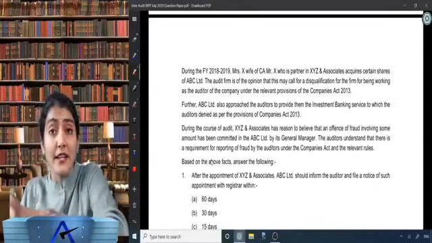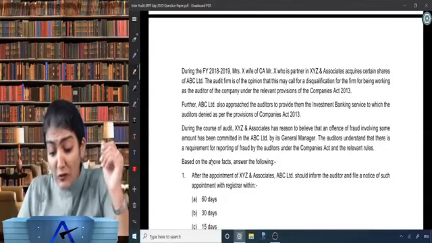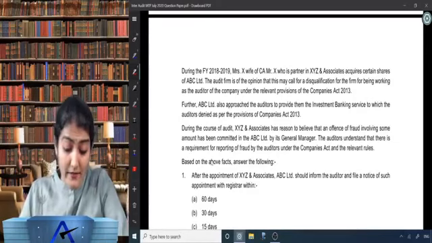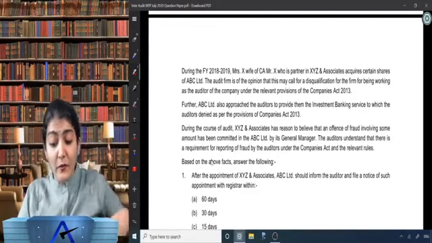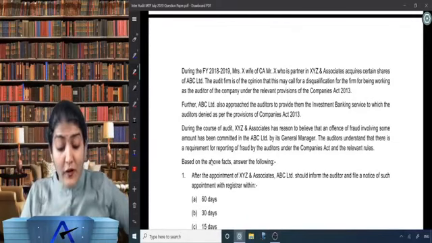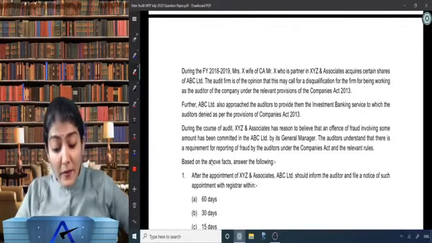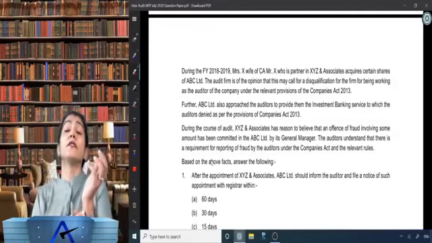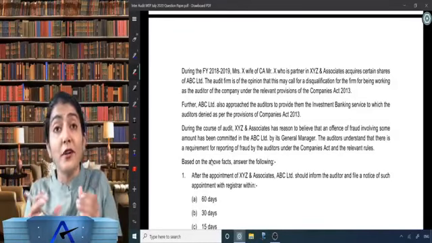Okay, the audit firm is of the opinion that this may call for a disqualification for the firm from working as the auditor of the company under the relevant provisions of the Companies Act. Further, ABC Limited also approached the auditor to provide them investment banking services, to which the auditor denied as per the provisions of the Companies Act. Very good, auditor, you denied.